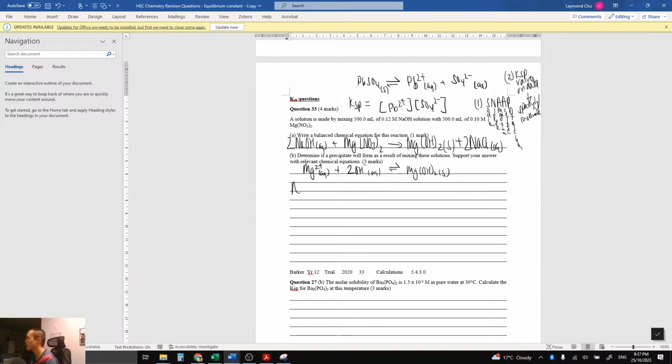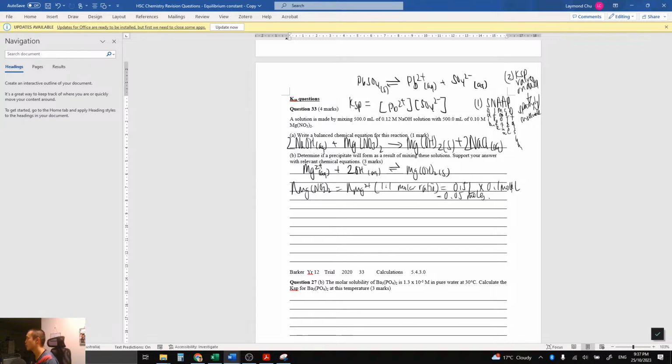Now we need to first find the moles of our Mg(NO3)2, which is equal to the moles of Mg2+ because of the 1:1 molar ratio, which is equal to 0.5 liters times 0.1 moles per liter, which is 0.05 moles.